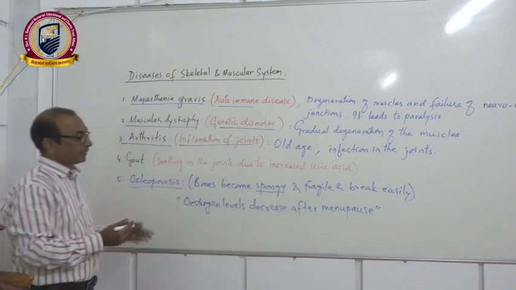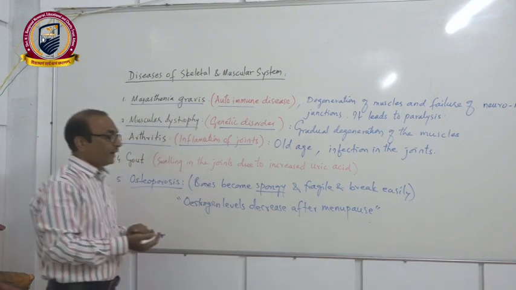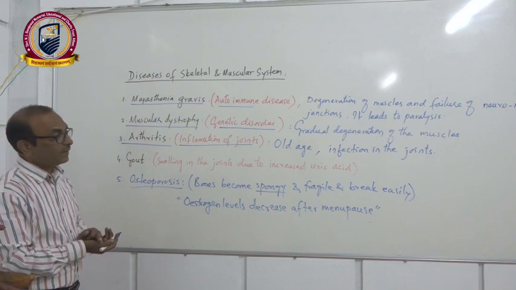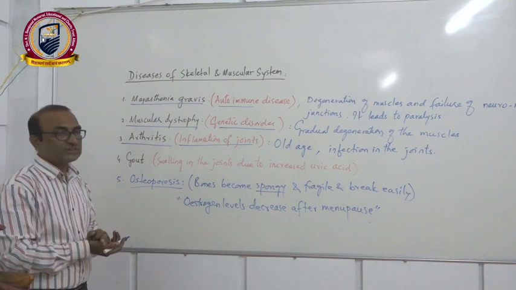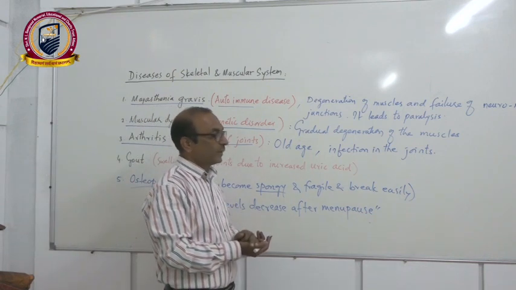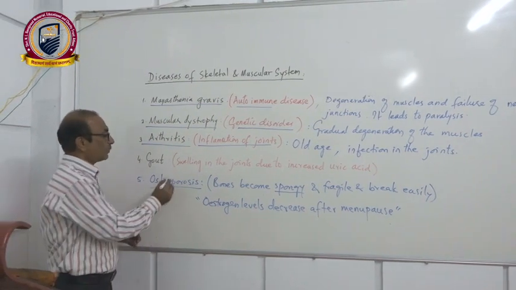The calcium from the bones gets degraded, and the bones become very weak and fragile, and that may lead to very easy fractures. Just by slipping and falling down, the bones will undergo fracture. So that is the condition called osteoporosis.